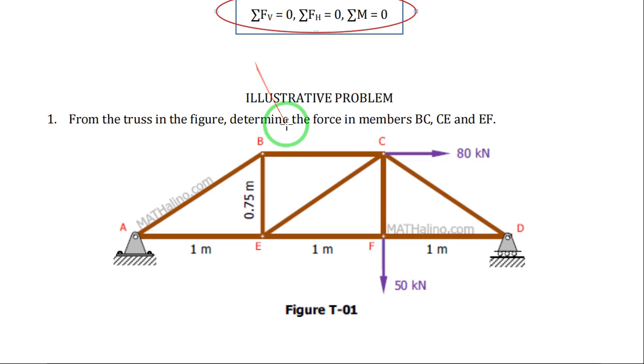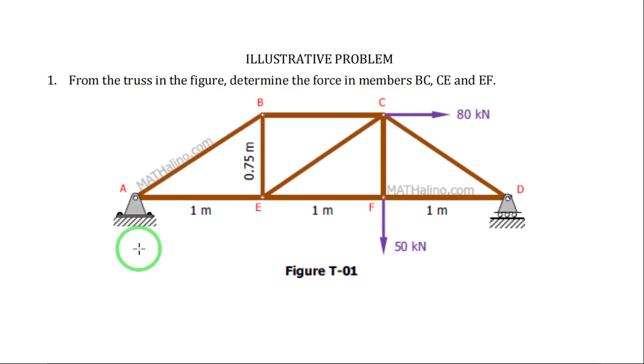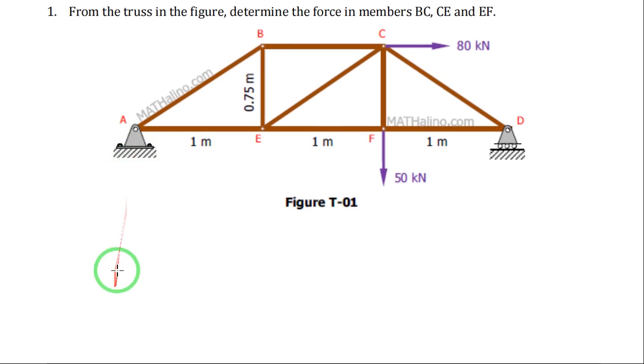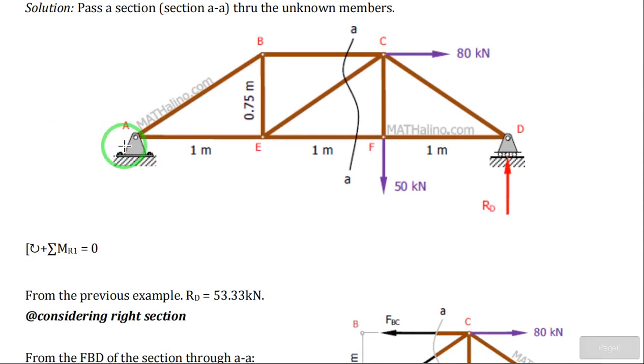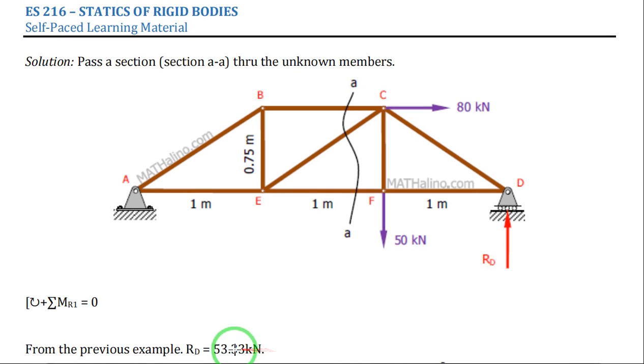But before you apply the method of sections, you should start by determining the reactions at the support. Since this problem is the same as the previous problem that we have solved, it is known that A vertical is 3.33 downward and A horizontal is 80 kilonewton. Then we have RD, the reaction at D, which is 53.33 kilonewton, based on the previous example.